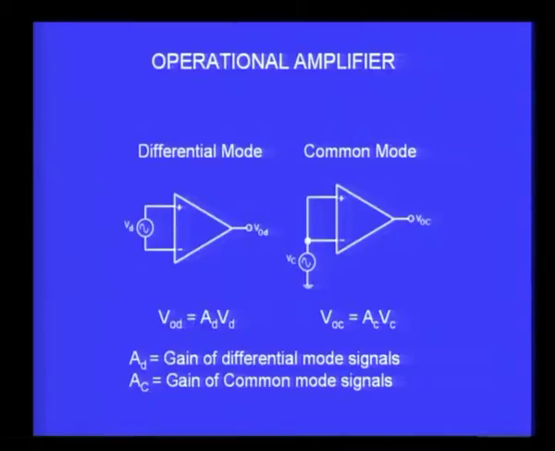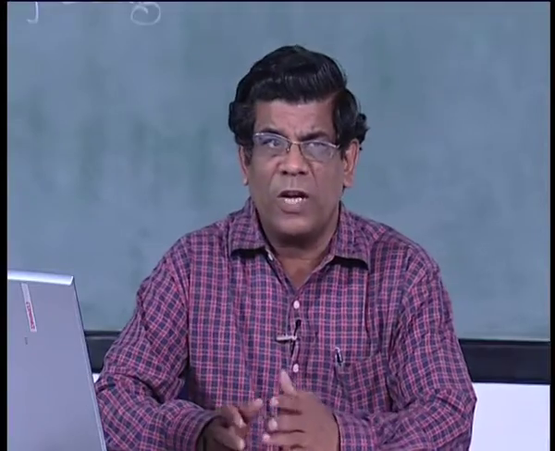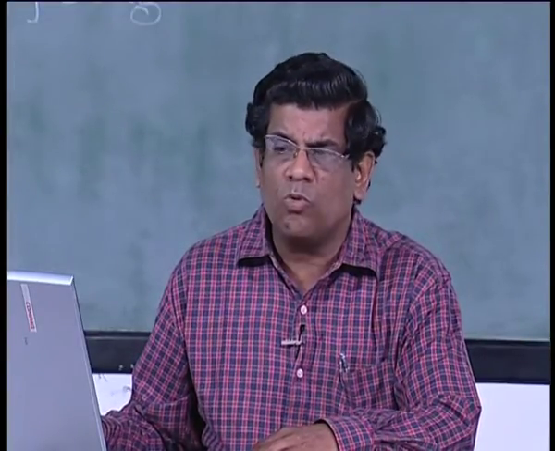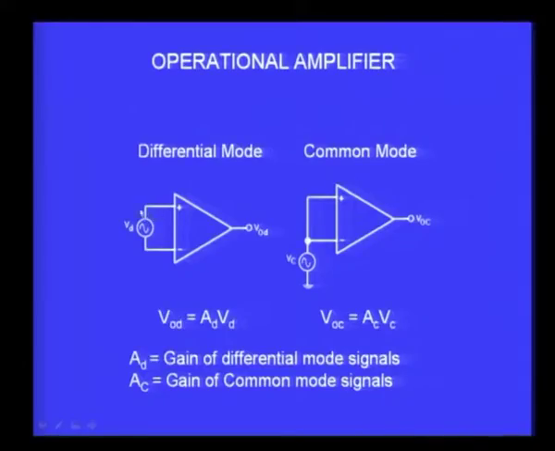Before we go into the actual definition of CMRR, it will be good to know how a differential amplifier can be considered in two different modes, corresponding to differential mode and common mode. If I now apply a signal between the two input terminals, then this becomes the differential signal being applied to the operational amplifier.